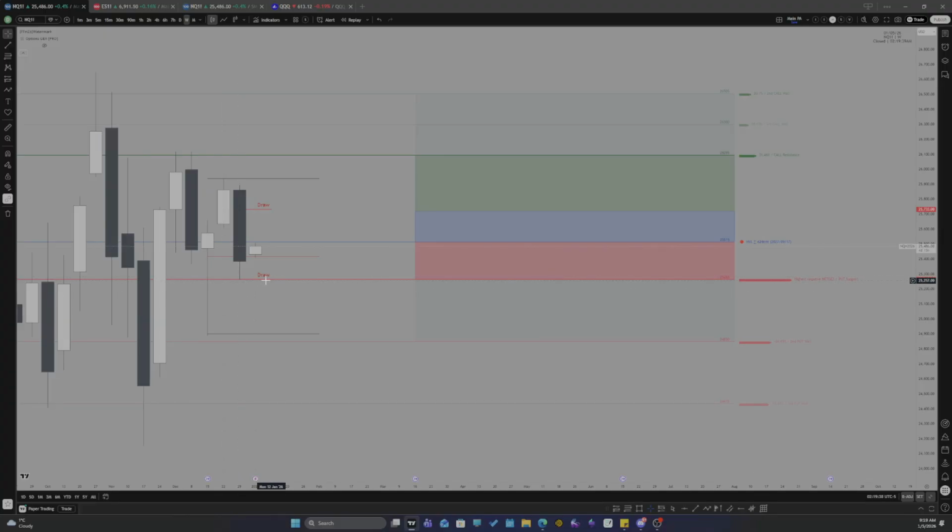And that's coinciding with the level we just drew up for the bearish side. So 25 to 65.